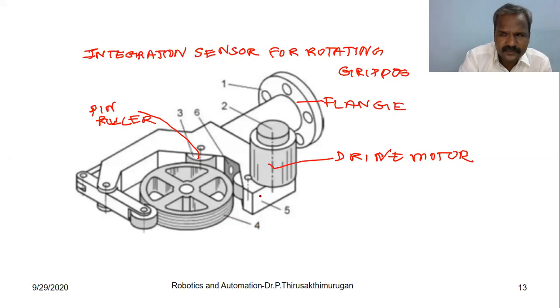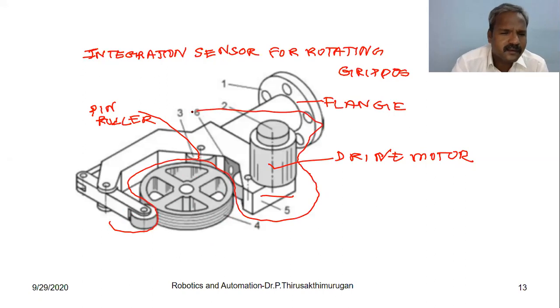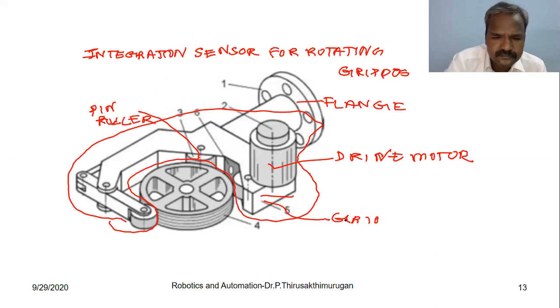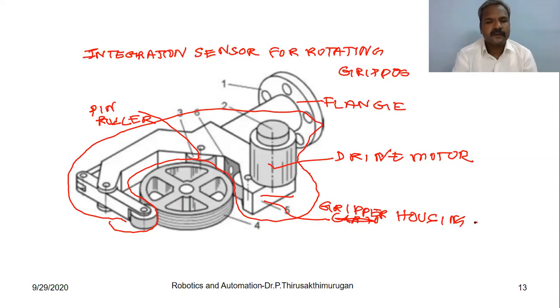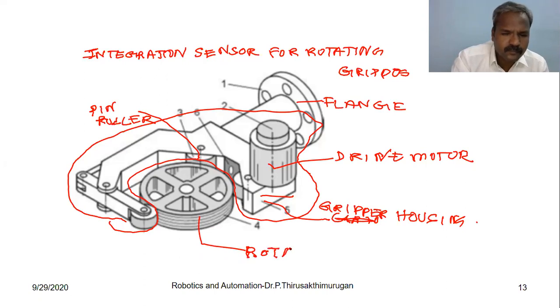This entire body is called the gripper, and this is the gripper housing. The 4 is the object, a rotating object.